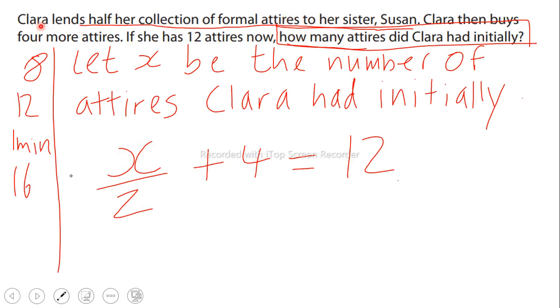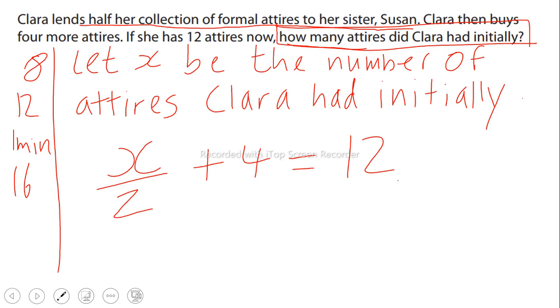So again, she lends half of her collection to her sister. If she lends half of her collection, then she has half left, right? She gives away half, she has half left. And we're going to add that to 4 that she got. And then she should have 12.